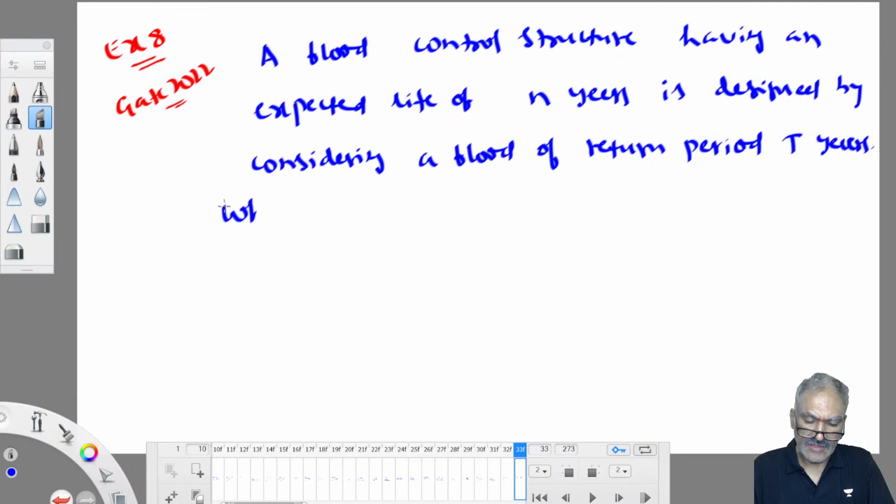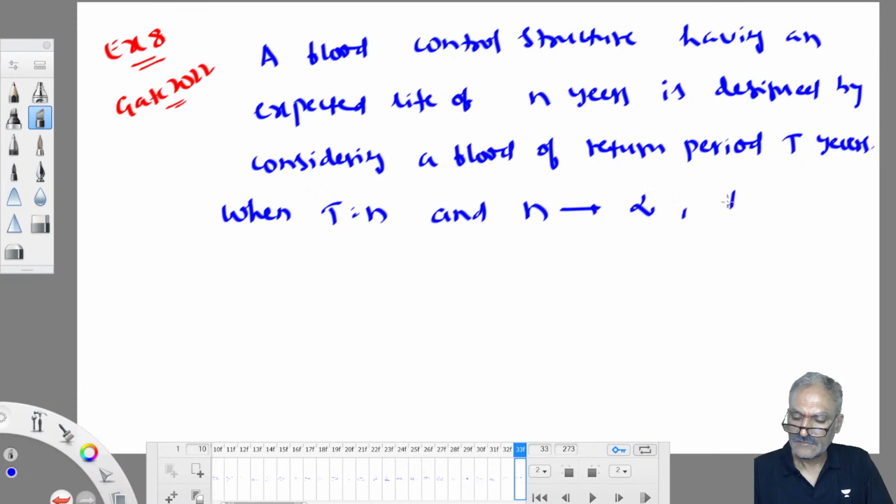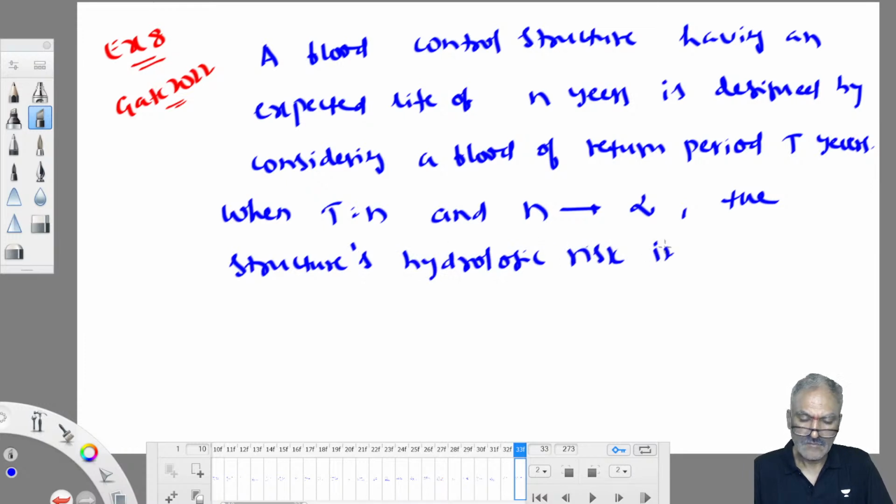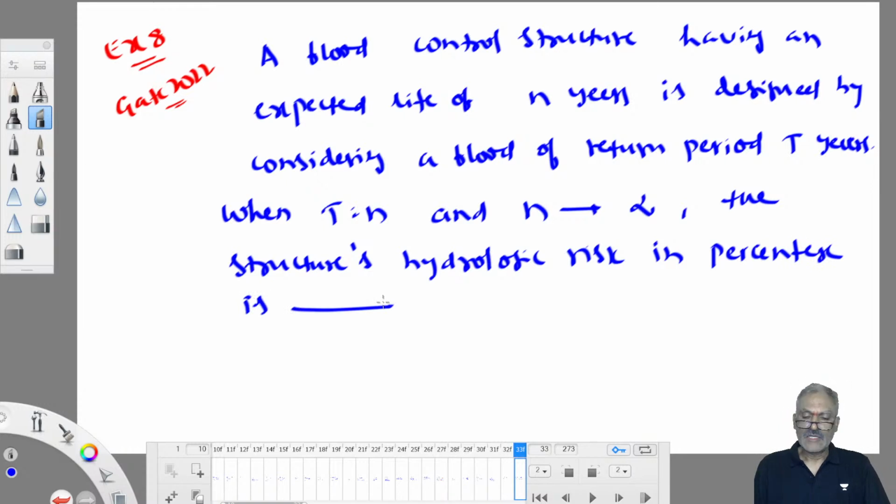When T is equal to N and N tends to infinity, the life tends to infinity, N tends to infinity, T is equal to N. The structure's hydrologic risk of failure in percentage is dash.